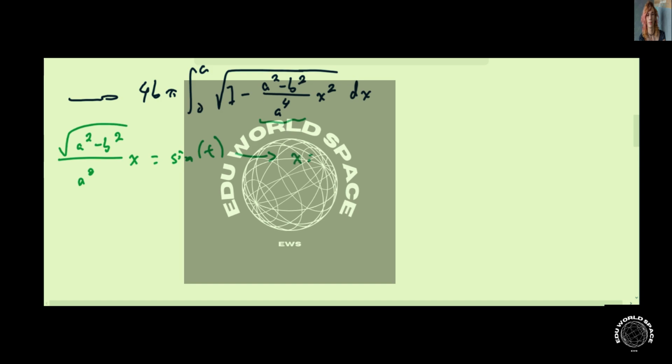So let's say x will be equal to a squared over root a squared minus b squared times the sine of t. And so dx would be equal to, all of these a squared and b squared terms are constant, so we'll just let that equal cosine of t dt.